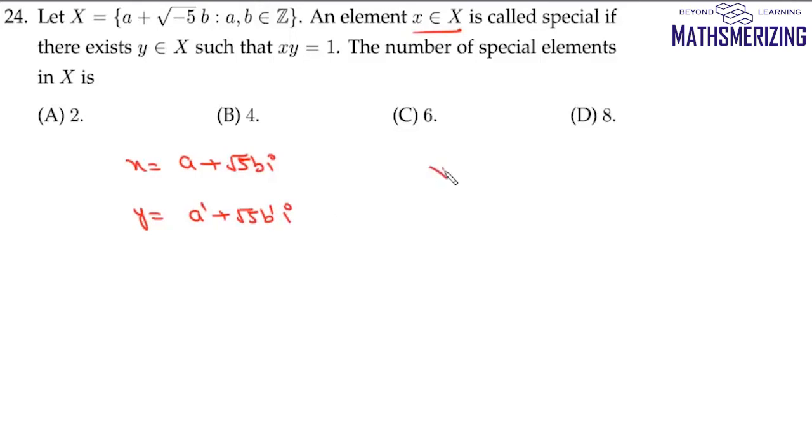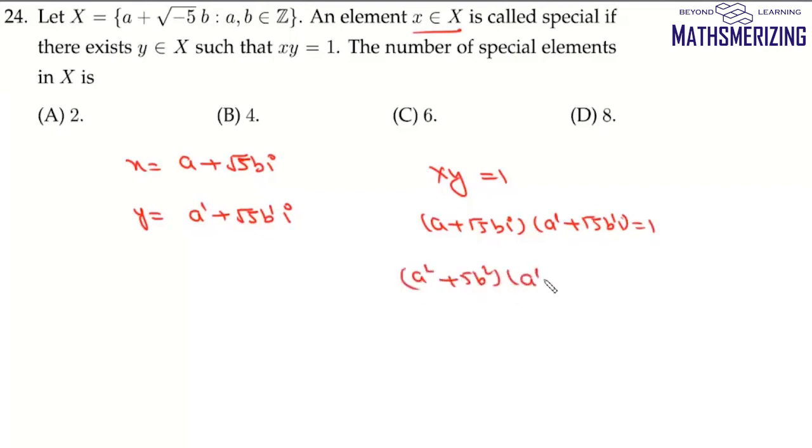Now it says x into y is equal to 1. So we'll write a plus root 5 b iota into a dash plus root 5 b dash iota will be equal to 1. Now we'll take modulus, then we can write a square plus 5b square into a dash square plus 5b dash square, and it'll be equal to 1.